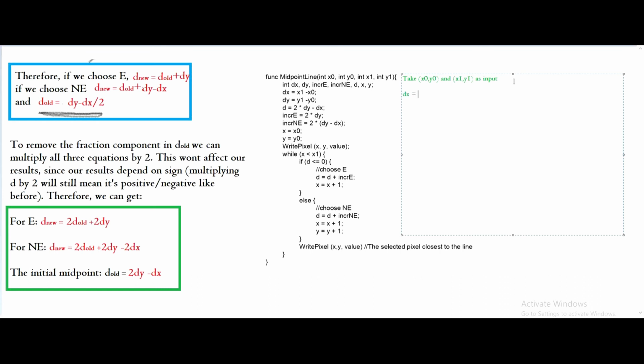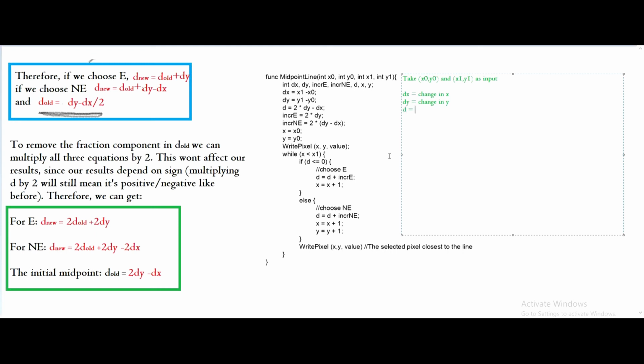So dx is basically the change in x. We've already gone through this. It's x1 minus x0. dy is basically the change in y. And d is equal to 2 into dy minus dx. If we go back to our 3 equations, we'll see that d is basically the value of our initial midpoint.